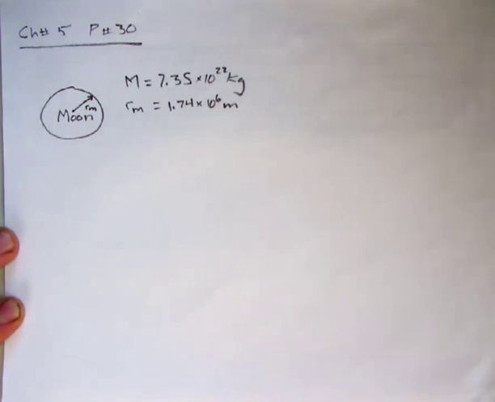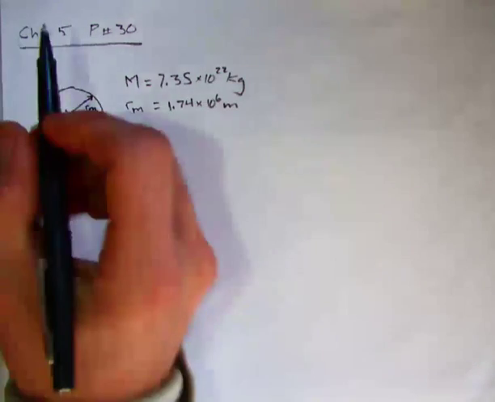And then the problem basically states, with that information, figure out the acceleration due to gravity on the moon. And you're thinking, man, that doesn't seem like there's enough information to figure out the acceleration due to gravity on the moon. But let's see what we can do.